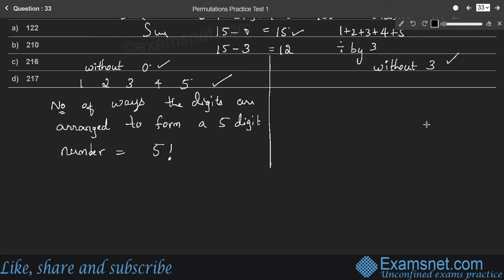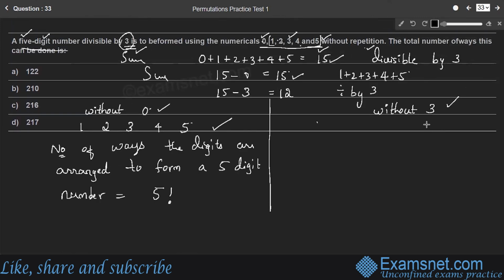Let us consider without 3. Without 3, what are the digits? 1, 0, 2, 4, and 5. Using these numbers, how many numbers can be formed? According to the rule, here are 5 digits, therefore it is 5 factorial. But if you take 0 as the first number, if you consider 0, 1, 4, 5, 2, it becomes 1452.